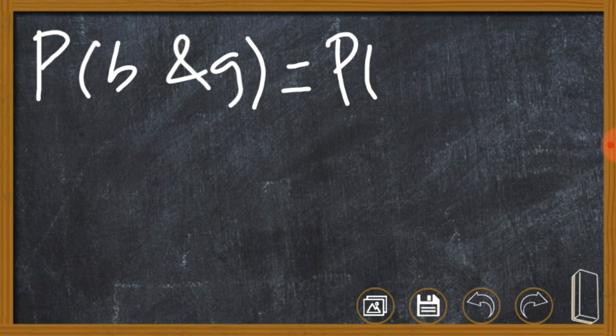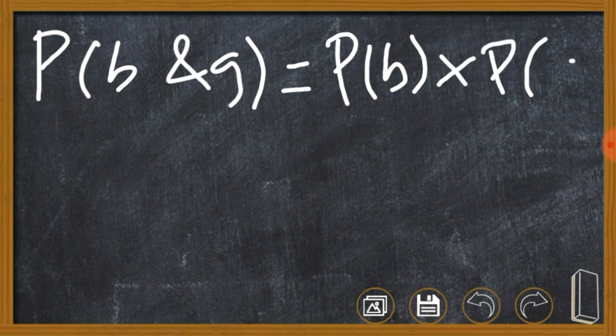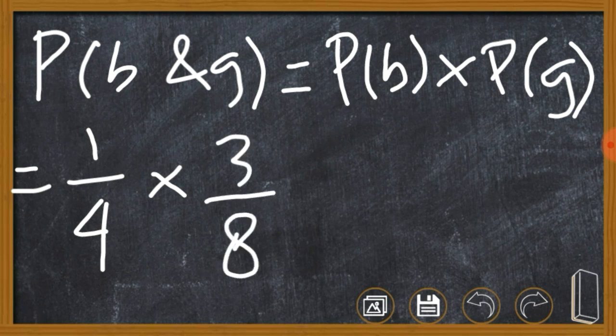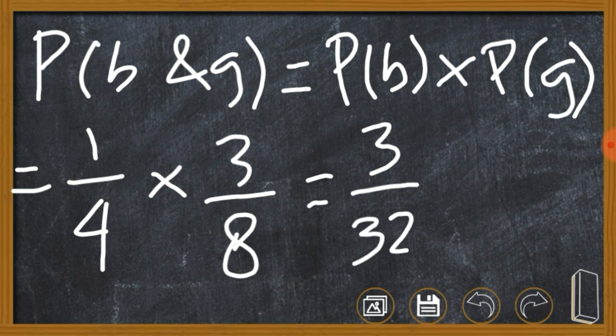P(blue and green) equals probability of blue times probability of green, equals 1/4 times 3/8, and then equals 3 divided by 32.